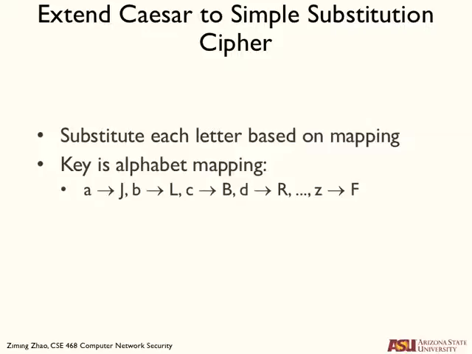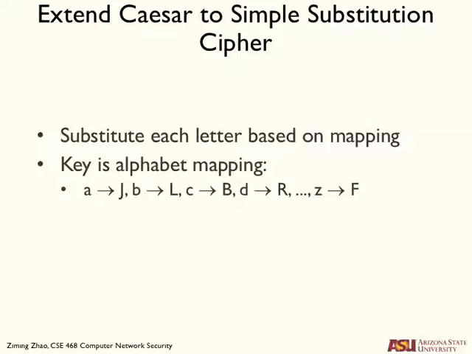So Caesar cipher is like a subset of a simple substitution cipher. In Caesar cipher, we can only shift the letters. But in this simple substitution cipher, we can substitute any letter with another letter in the alphabet.